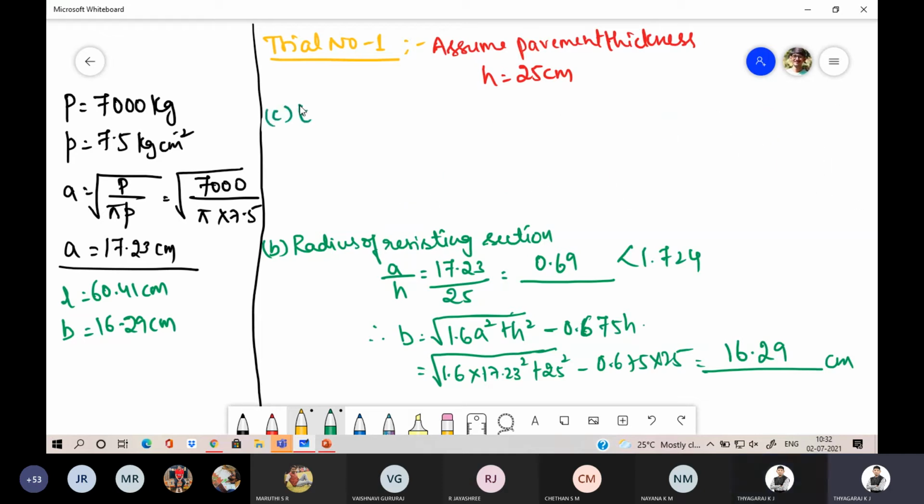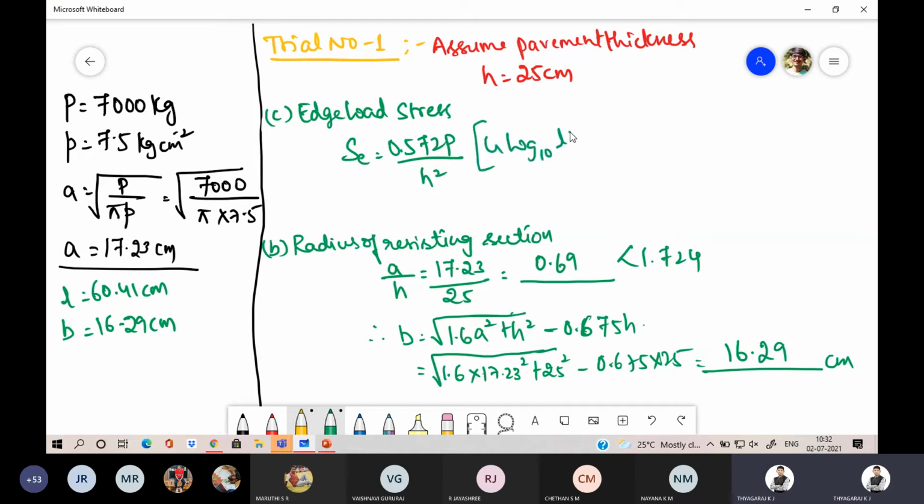Edge load stress Se is equal to 0.572 P by h square (4 log10 L by b plus 0.359). Calculate the edge load stress.